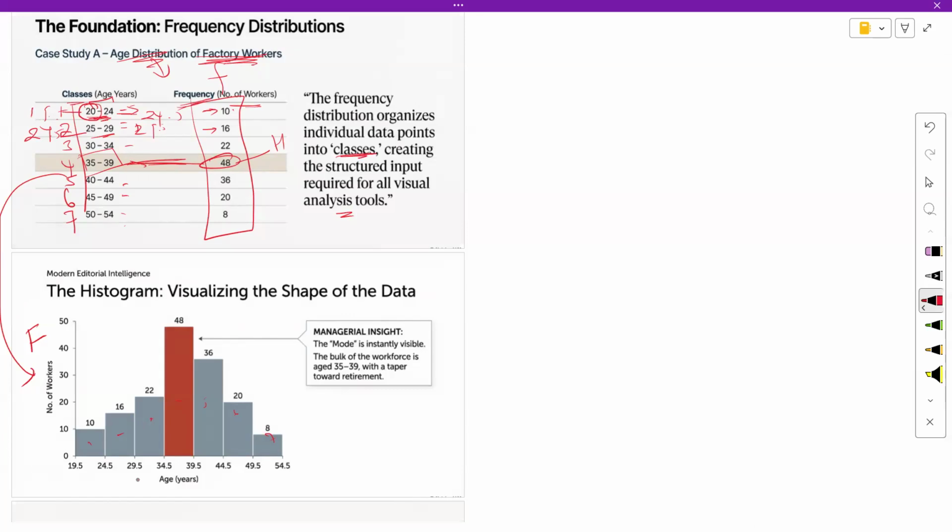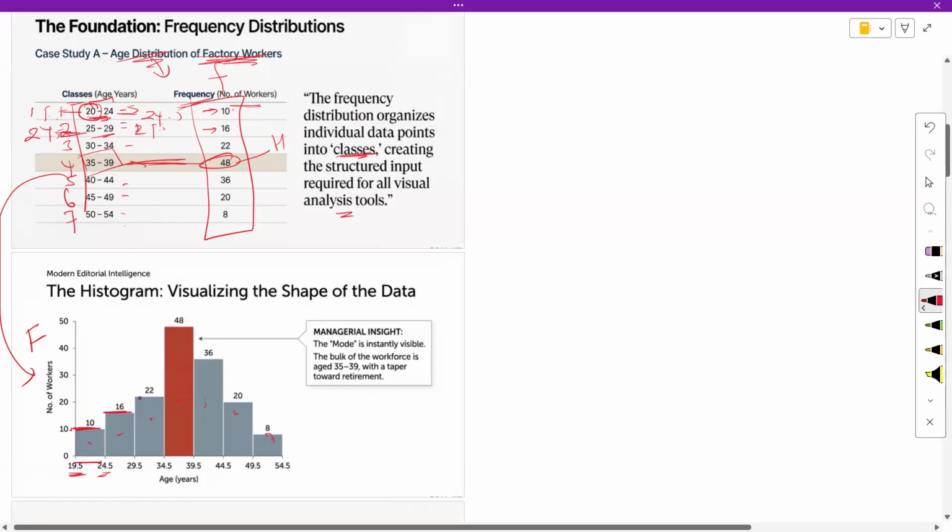So when we draw the histogram, we take the first class boundary, 19.5 to 24.5, right? Here this class, how much frequency? It's 10. So here we have to find 10 and draw, right? Second class, 16.